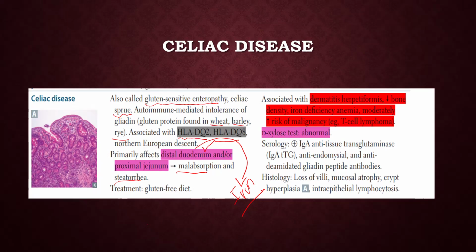And associated extraintestinal manifestations related to celiac disease include dermatitis herpetiformis. It is a pruritic papillovesicular lesion on the extensor surface.